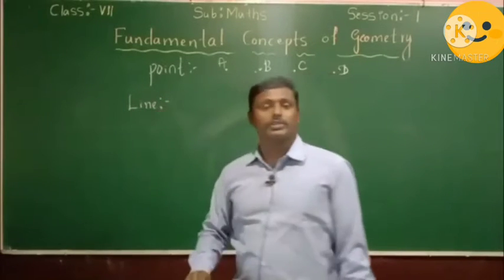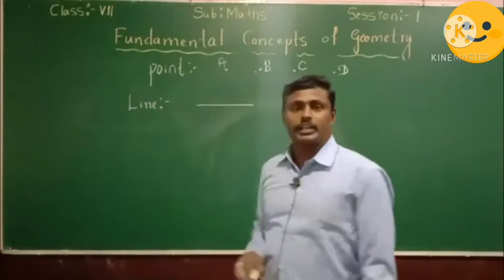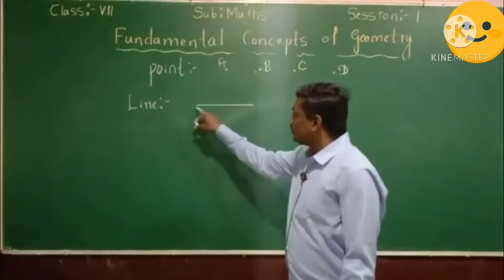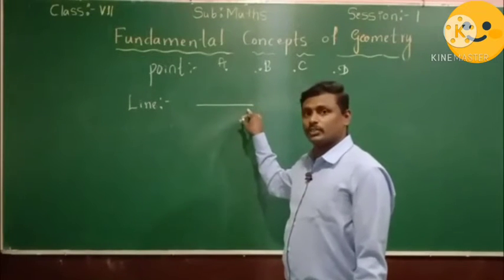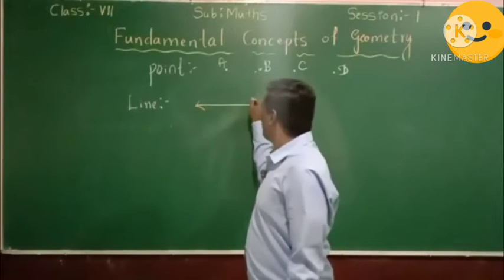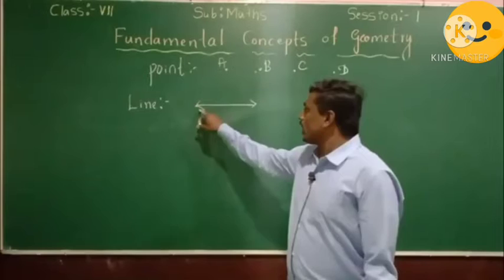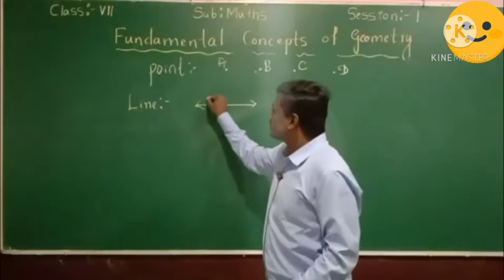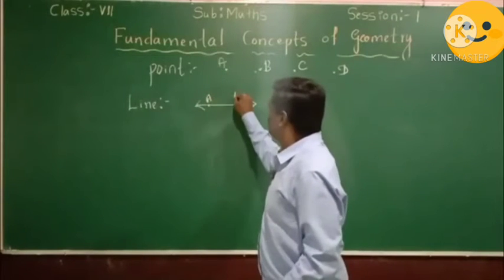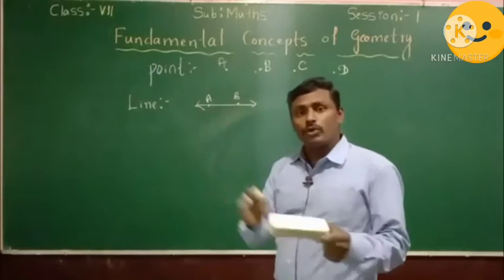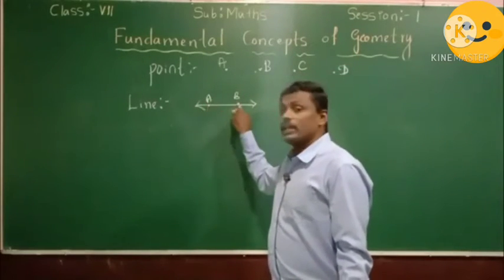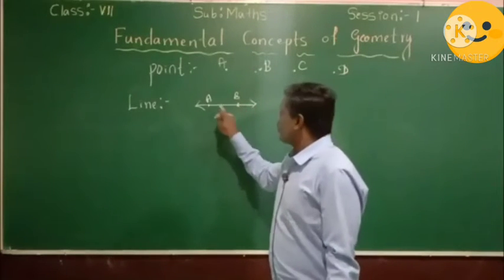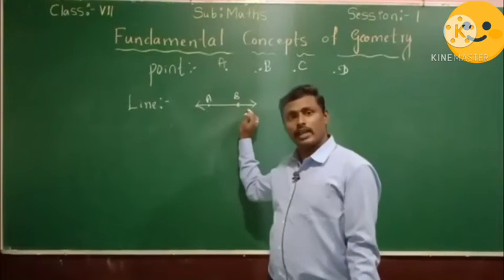Next, the second concept is line. Line is a collection of points. Can you count the points which exist in the line? No. So a line is a collection of points which can be extended on both sides infinitely. Here A and B are just two points which lie on the line.